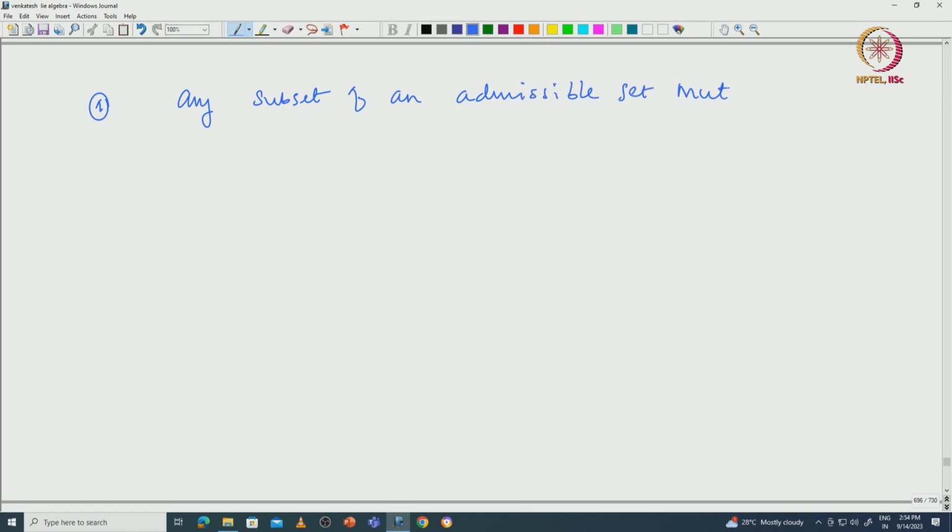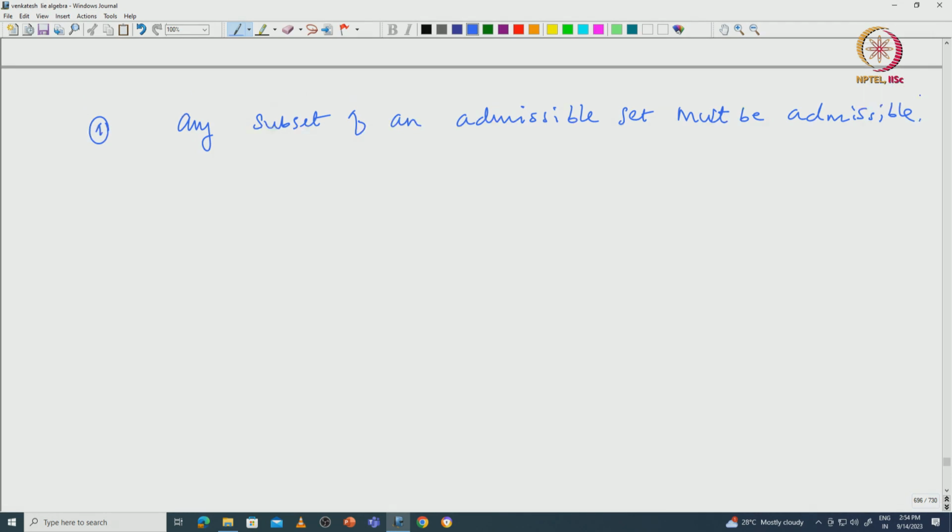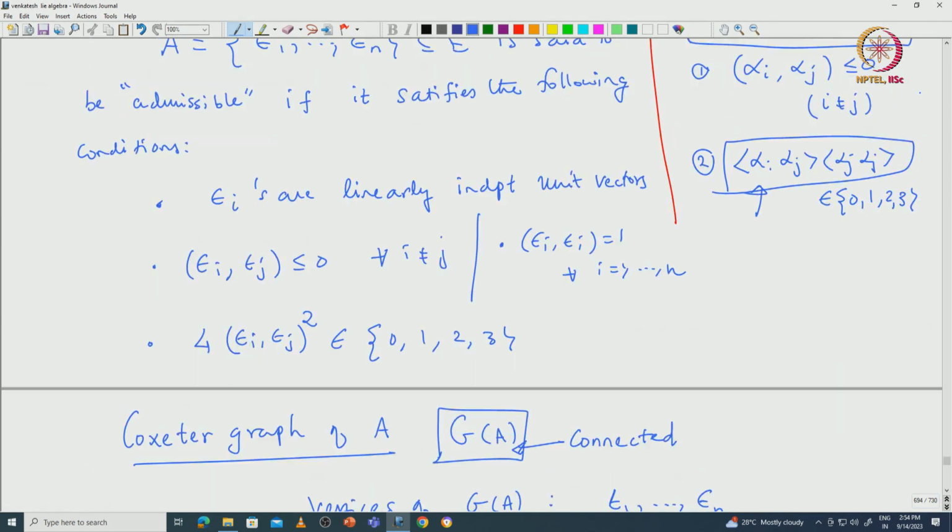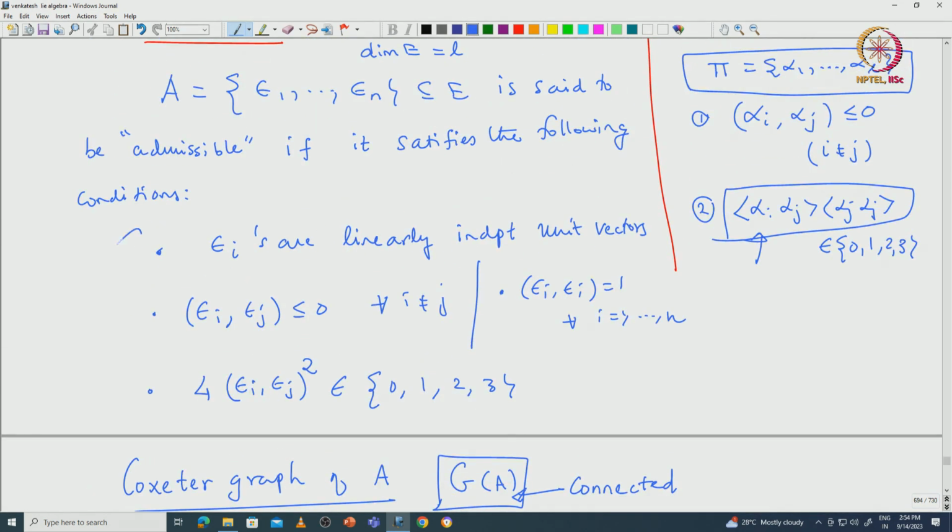You can readily see that any subset must satisfy all these three properties. So, there are no options.